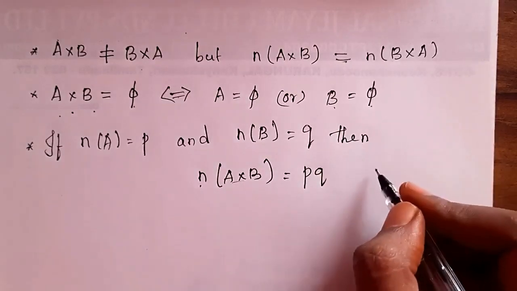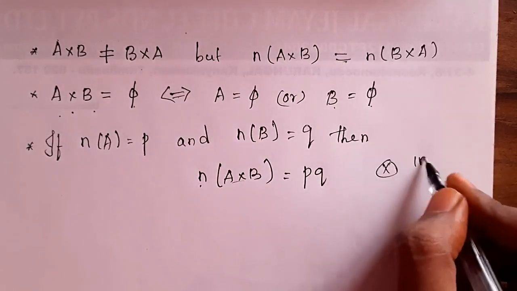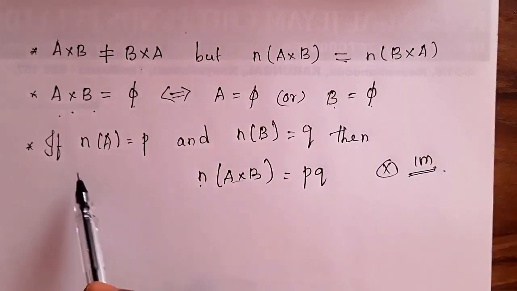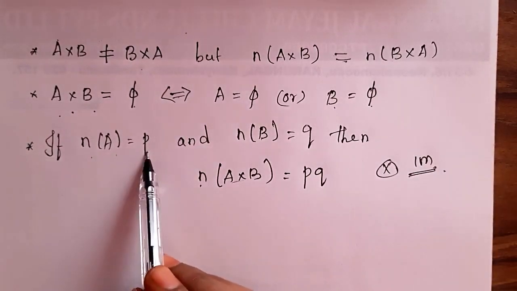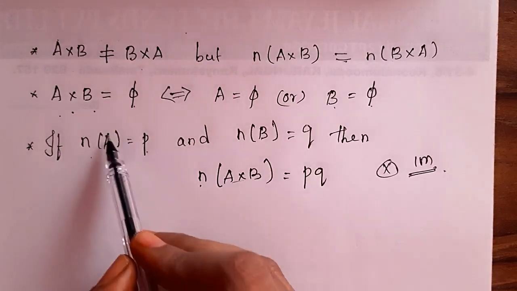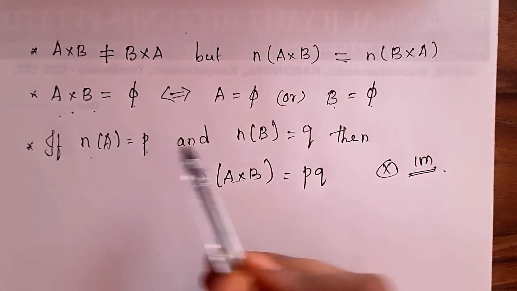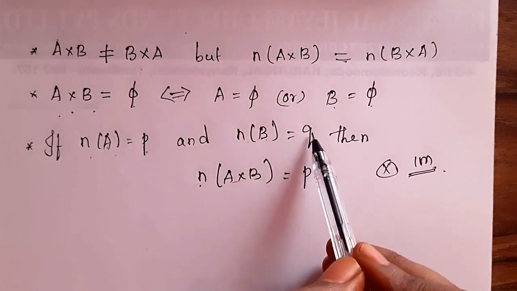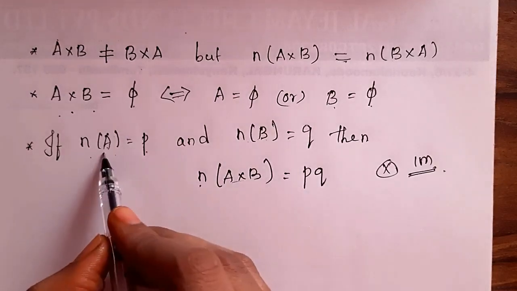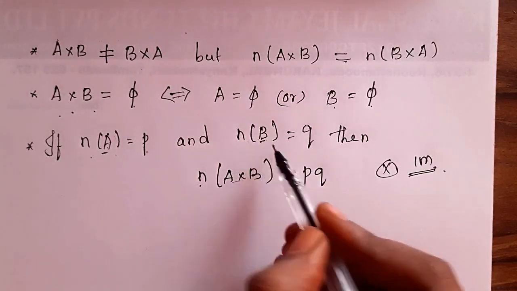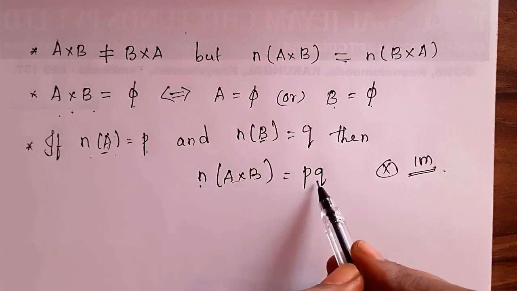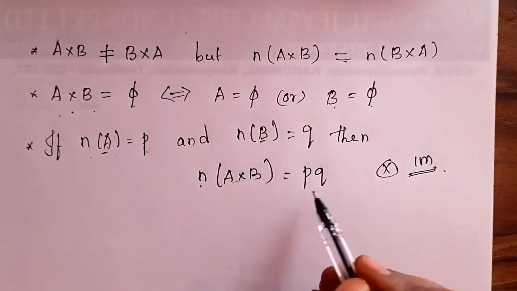This is one more important question. So if n(A) is p, that means the number of elements in A is p, and the number of elements in B is q, then when you take the cross product of A and B, the number of elements is p times q. When you multiply both, you will get it.